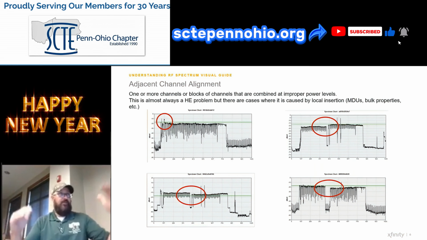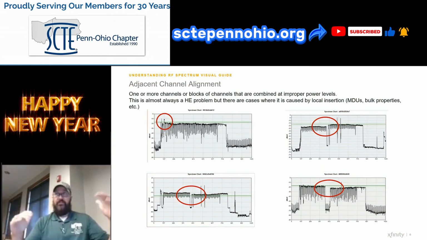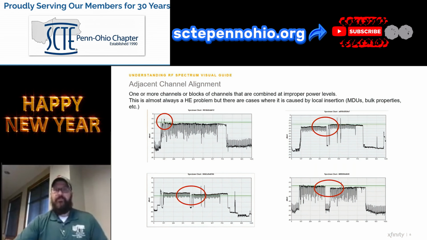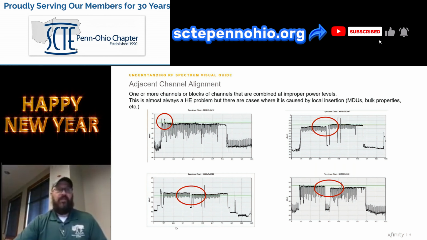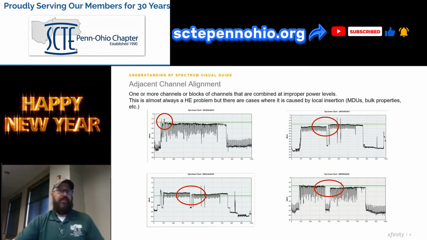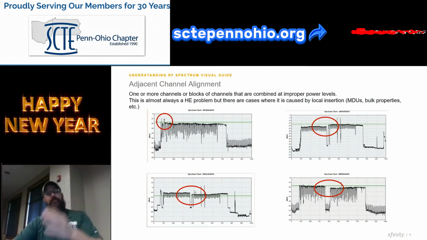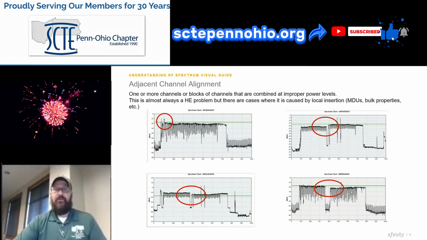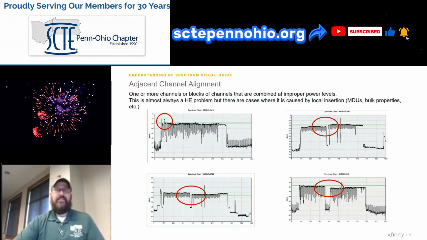You can't go out and adjust your narrowcast versus your broadcast. That's typically a head end function. Very similar with these other two examples. We'll have a portion of the spectrum. It could be 4 channels, it could be 8 channels, but then adjacent to that, there's a significant difference in the power levels. In a lot of cases, that's in the head end.